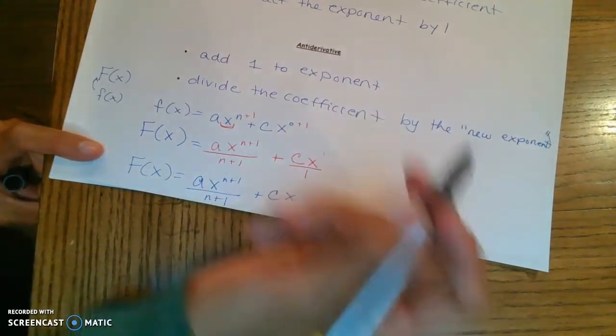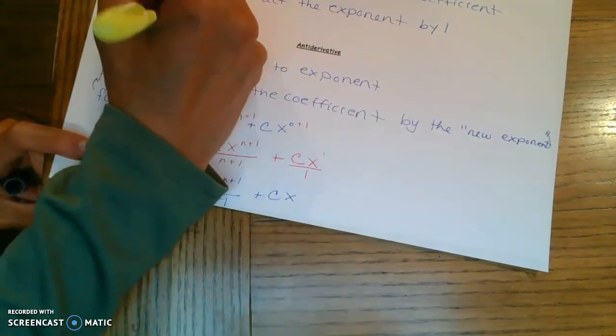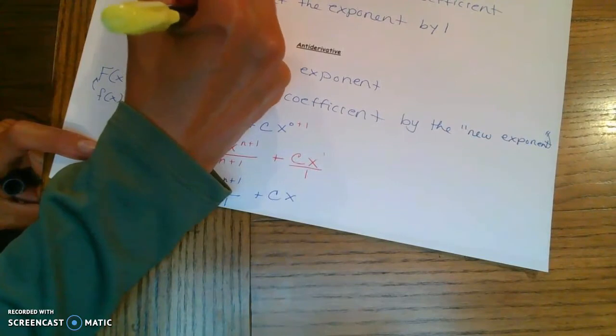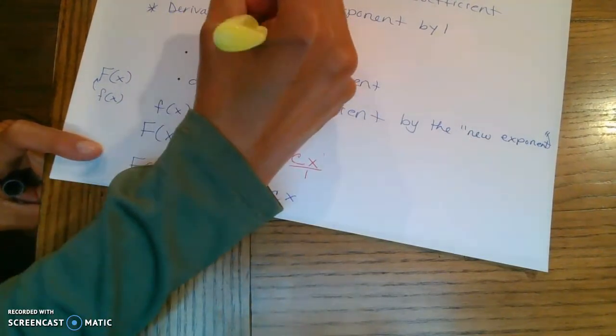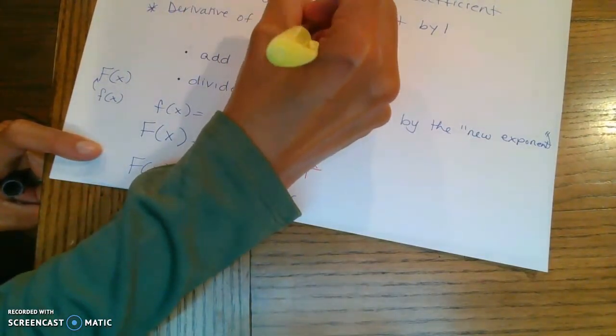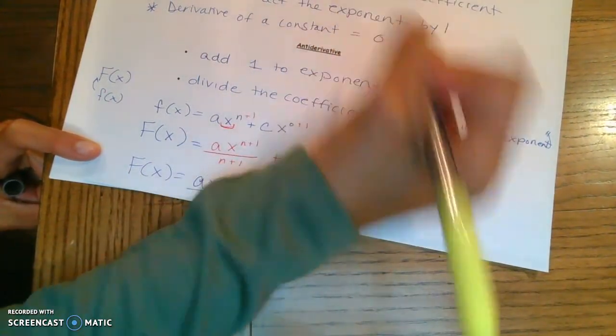Really important. In derivatives, when I take the derivative of a constant, you know that that is just equal to 0.